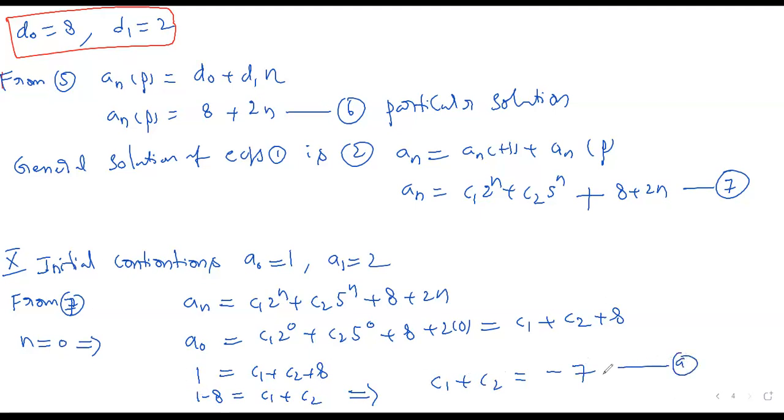Now substitute n equals 1. Why do we have to substitute n equals 1? Because the a1 value is already given: a1 equals 2. So a1 equals C1 2 power 1 plus C2 5 power 1 plus 8 plus 2 into 1.